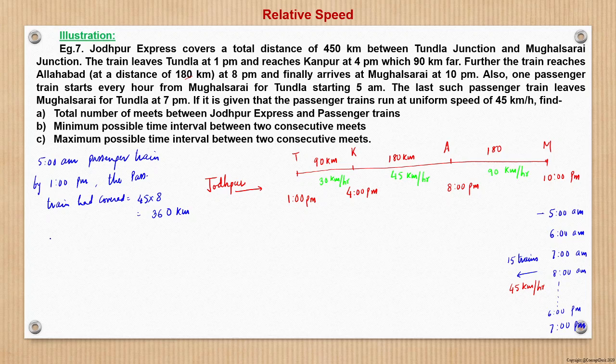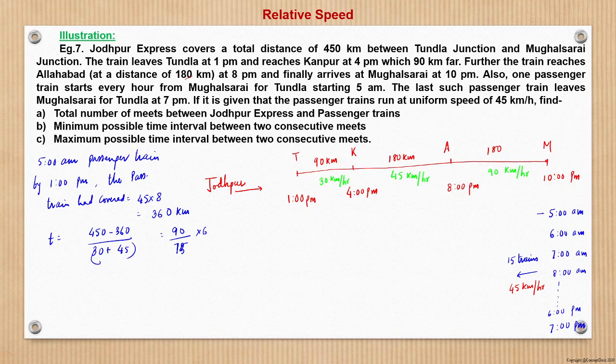What is that time? The meeting time will be the remaining distance, 450 minus 360, upon the relative speed at 1 p.m. The speed of Jodhpur is 30 plus the speed of the passenger train is 45, right? So this becomes 90 upon 75 hours.